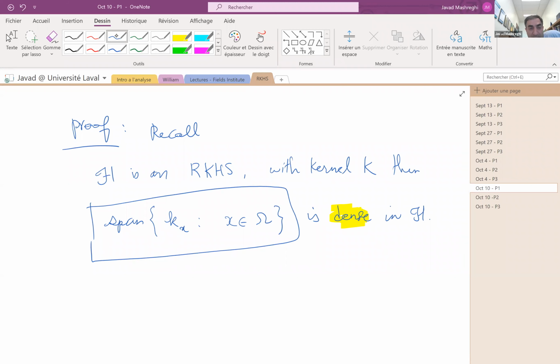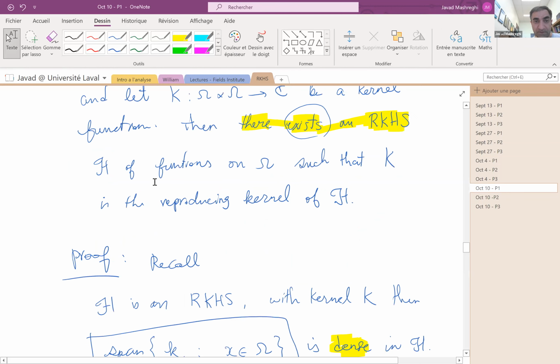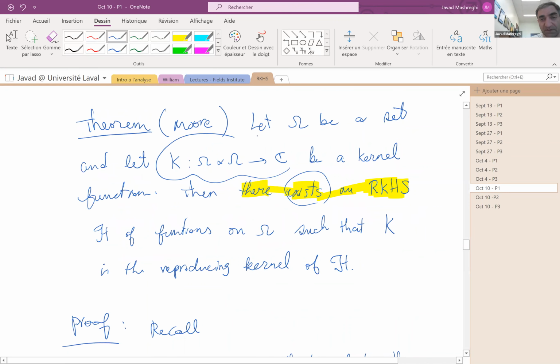And Moore said that, okay, we want to either find or construct H. We don't have H yet. But look at the theorem: K, capital K, is given. So we can restrict in one argument and let the other argument be free.